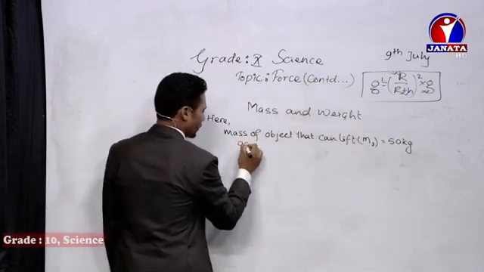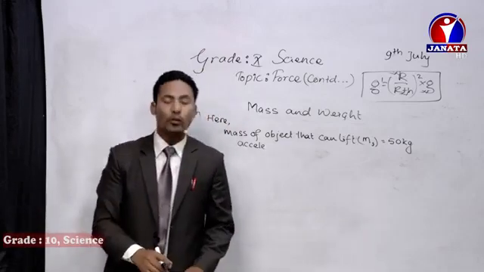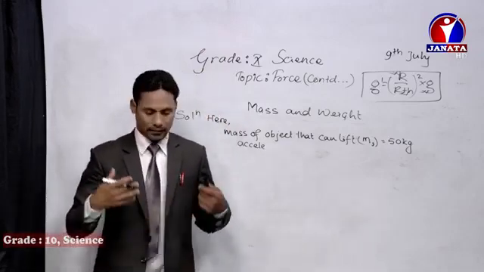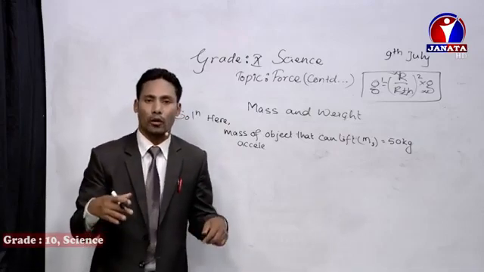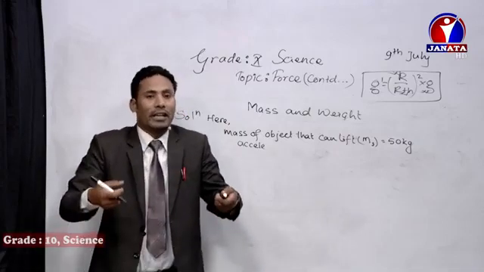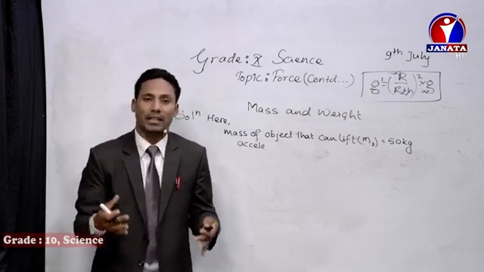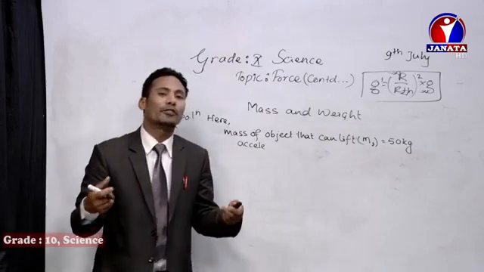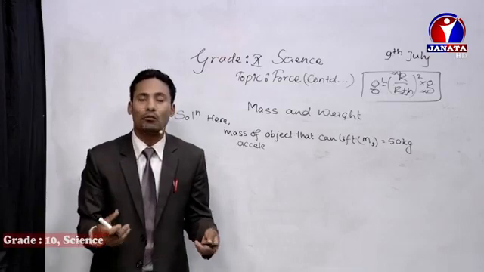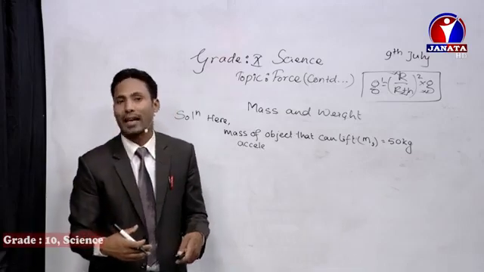And acceleration due to gravity, let me explain this question again. What the question says is, there is a person who can lift up 50 kg mass on the earth. Whenever I carry any object, the maximum mass that I can carry is 50 kg, let's say. If the same person tries to lift any object on the moon, then what will be the mass that he can lift on the moon, that we are going to calculate?